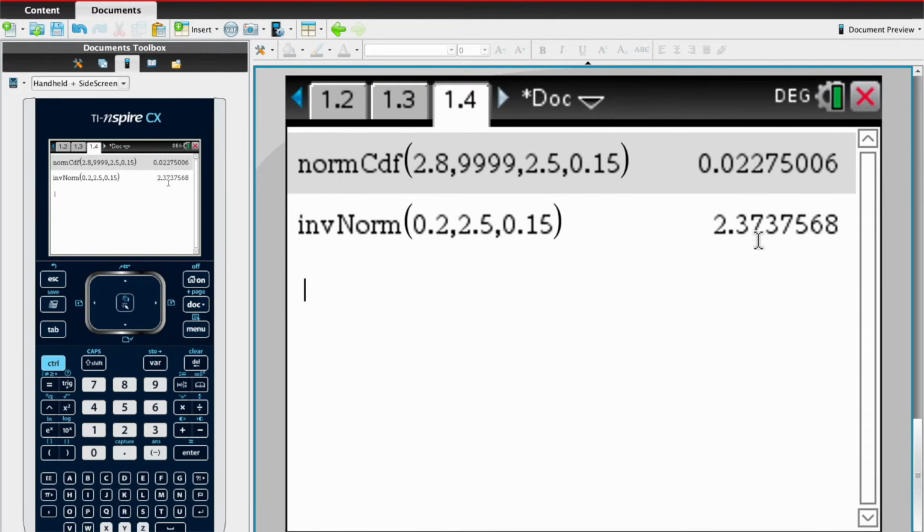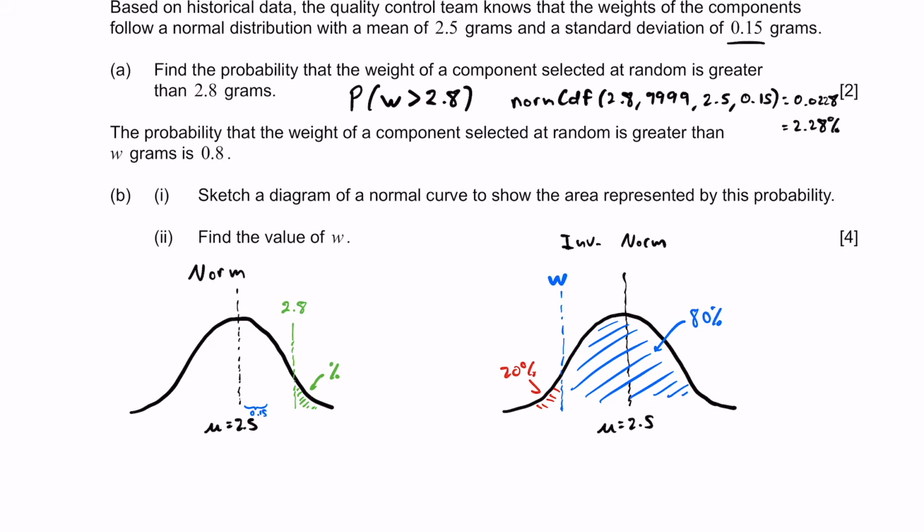Okay, so let's go back to the document and write that out. So here it is, 2.37, and I think that's actually fine. All they want is us to sketch a diagram of the normal curve. So actually, all they wanted in this first section is a sketch to show the area represented by this probability.